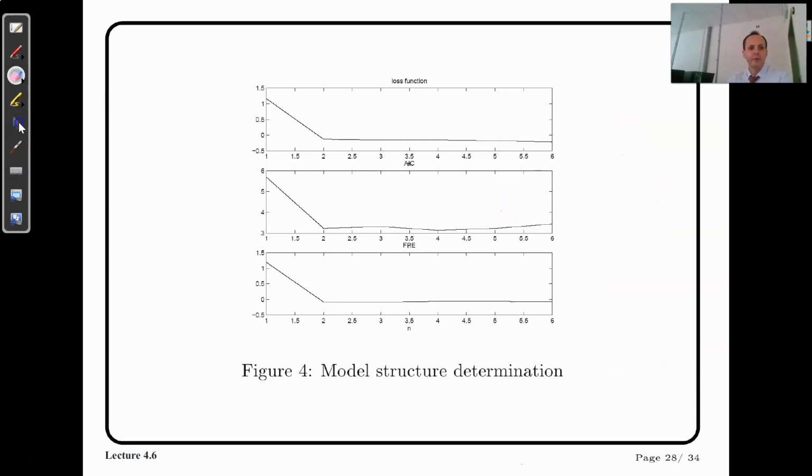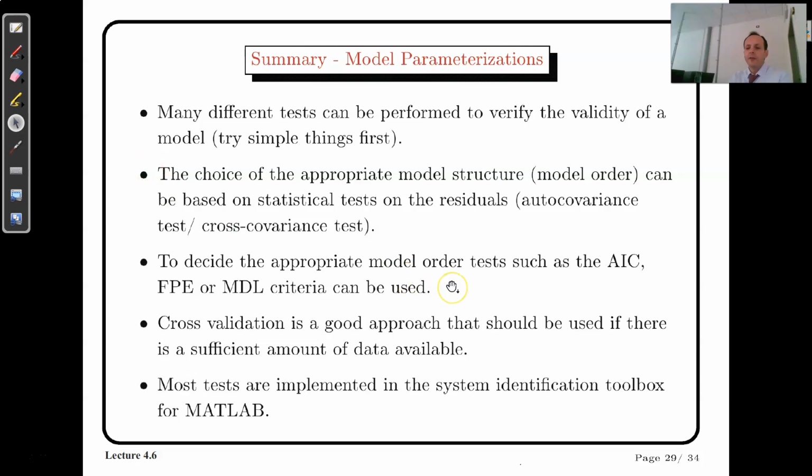It's very difficult. So in order to summarize this part, many different tests can be performed to verify the validity of a model. Normally, as a suggestion, try the simple model.